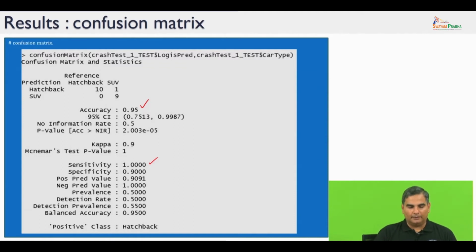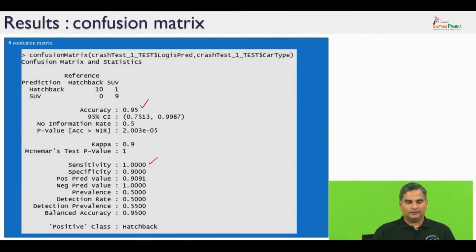I am going to first describe what these mean in this lecture, and once you understand this, in all the future lectures, whenever you look at this, you will see how well your classifier is doing.